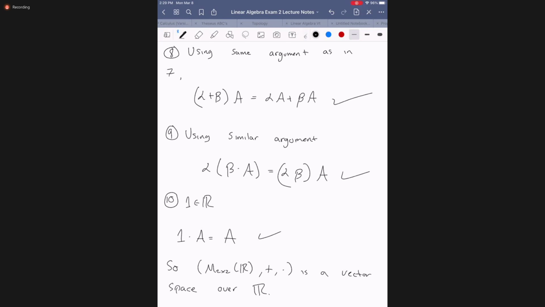However, there is a concept again of a length. It might seem kind of weird, but you know how normally in Rn you would have the notion of the length of a vector, right? Because you think of it as an arrow. Well, same thing here. You can also think of there being a notion of the length of a matrix as well. We'll talk about it later, but those are called norms in a vector space.